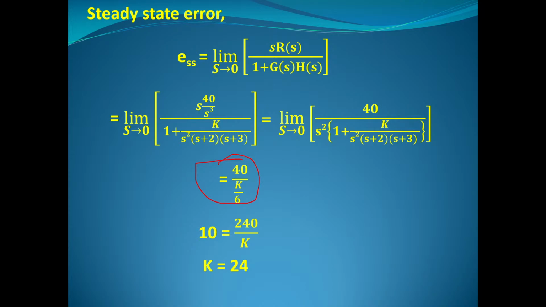Completed. So did you understand 40 divided by k by 6? How did you get it? If you didn't get that, just mention it. Did you understand or not? Please mention. It's very simple actually.